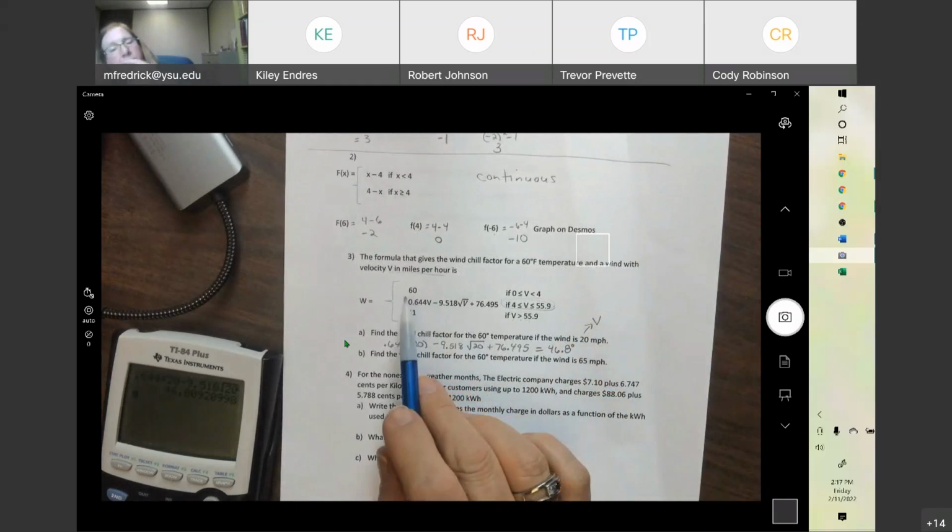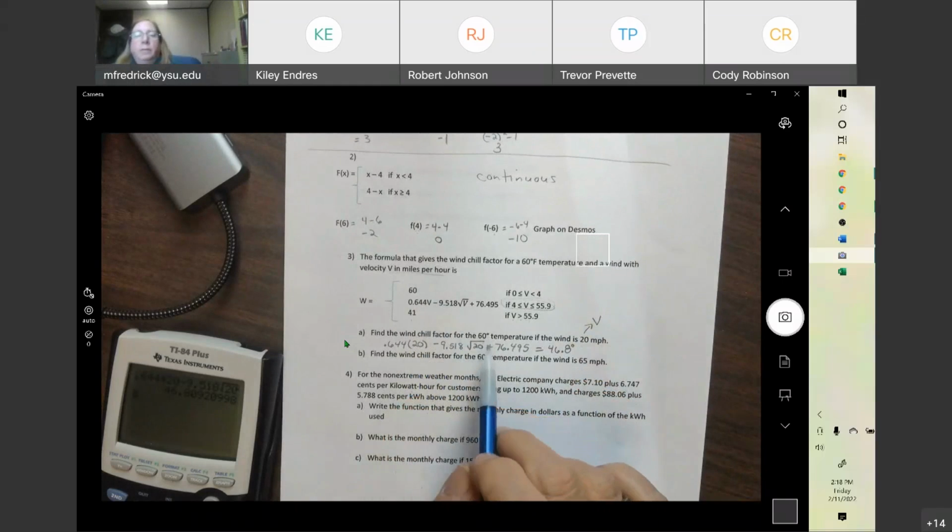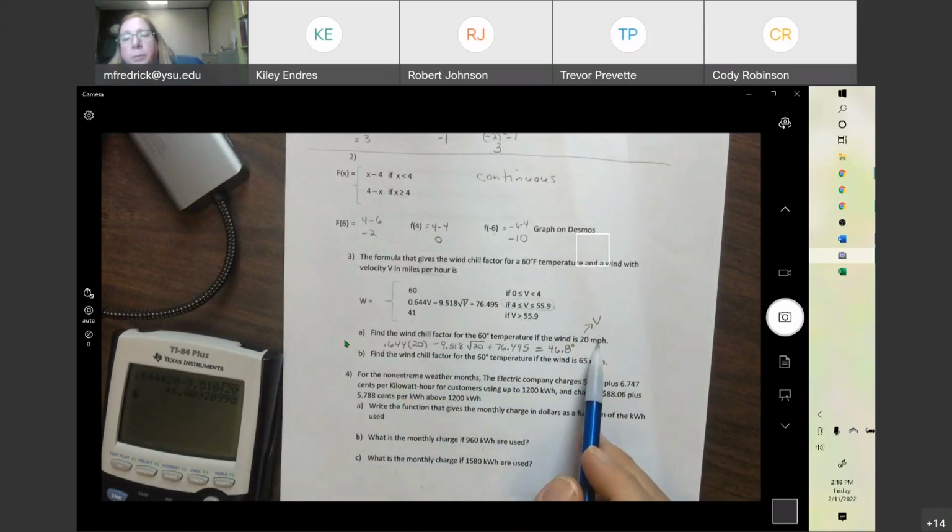So on a 60-degree day, if the wind is 20 miles per hour, it's going to feel like it's about 47 degrees out. Any questions on that?